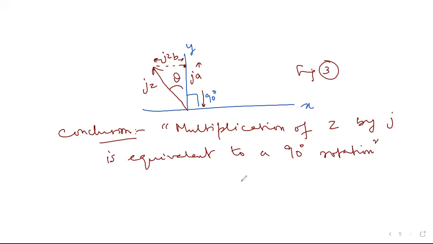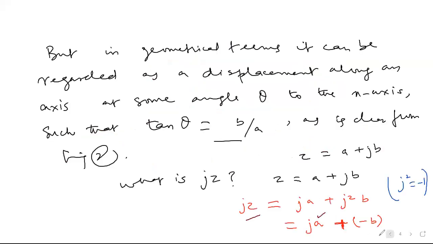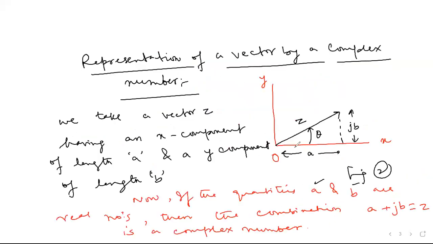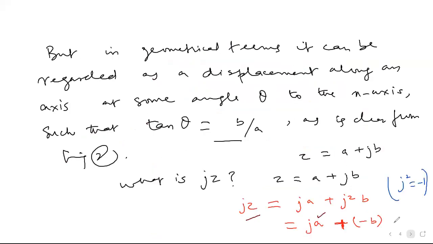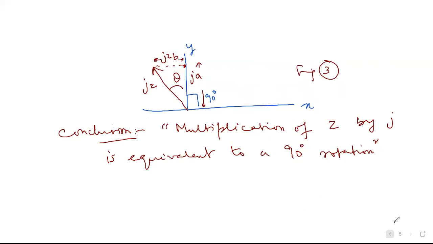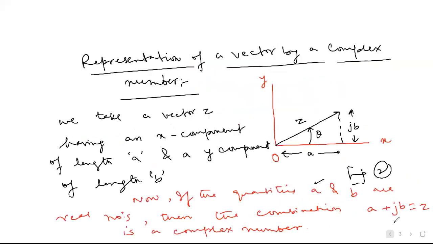I repeat, multiplication of z by j is equivalent to a 90 degree rotation. We had z. This vector was shown in figure 2. Now we found jz is a vector which is rotated through 90 degree compared to the vector z, right?